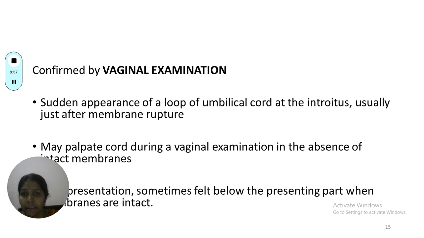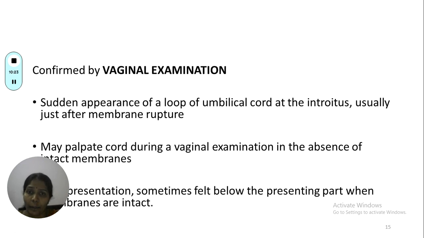If cord prolapse has occurred, it is confirmed by vaginal examination by sudden appearance of a loop of umbilical cord at the introitus, usually after the membranes have ruptured. We can also palpate the cord during vaginal examination if the membranes are absent, and in malpresentation it is sometimes felt below the presenting part when the membranes are intact.